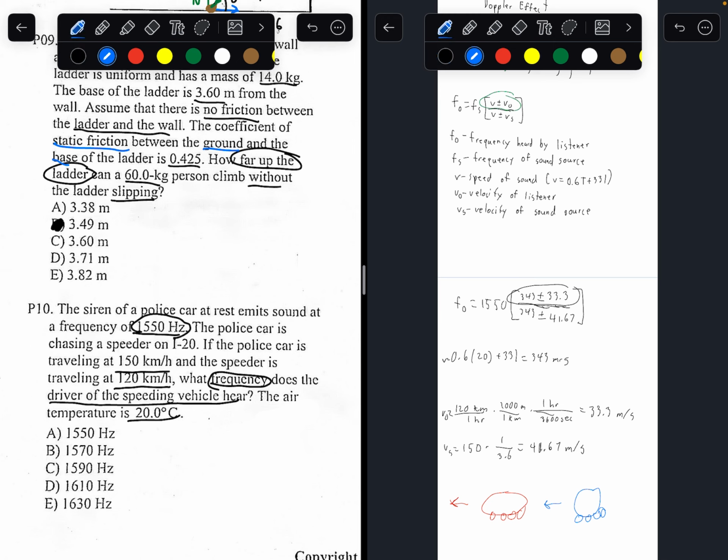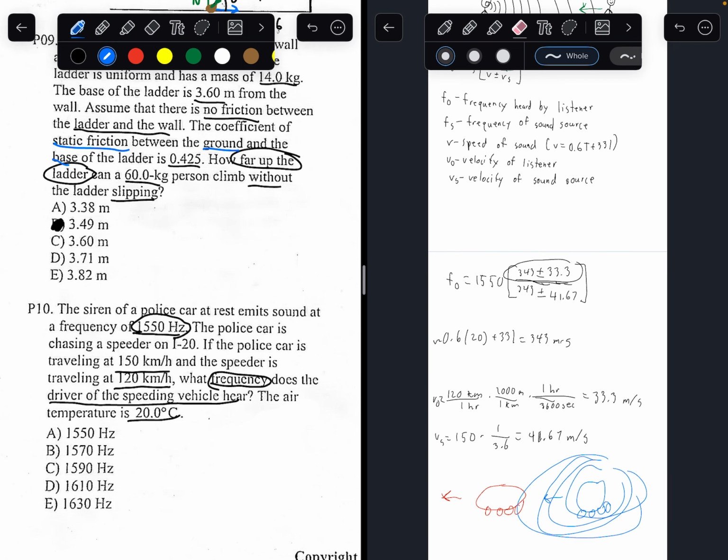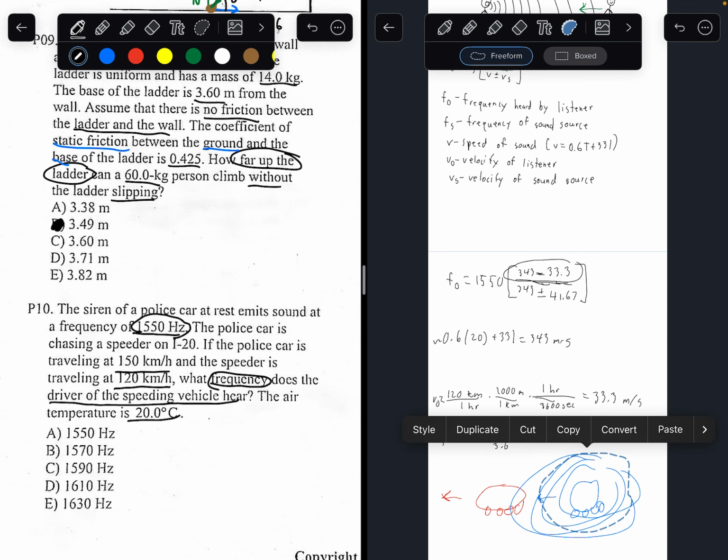If the object is going away from the sound source, because remember the police car is what's emitting the sound, you'd be decreasing the frequency. So which operation, plus or minus, would decrease the frequency? That would be minus. The police car is moving towards the speeder, so it would be increasing the frequency.